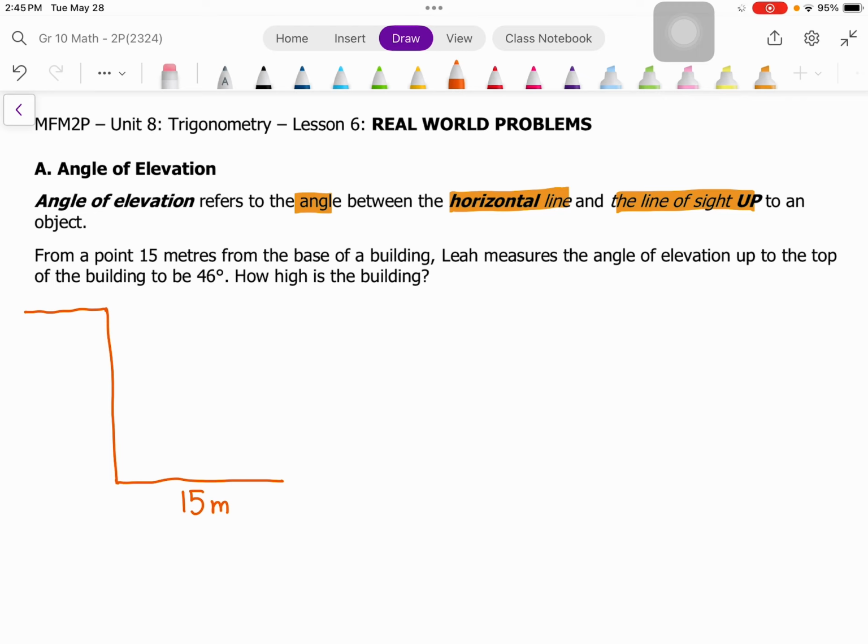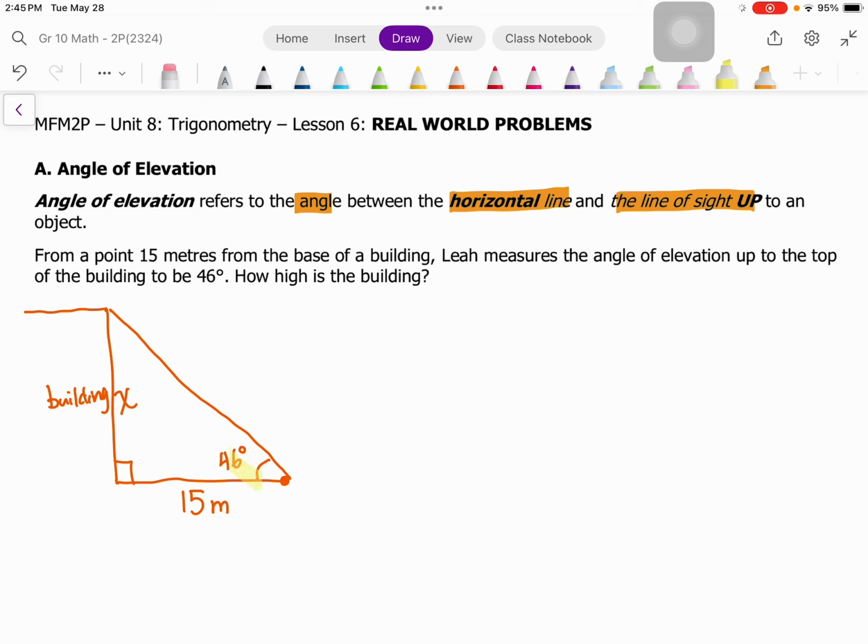So if this is our building over here, this is 15 meters away at the base, and then from here up is the 46 degrees up to the top of the building. So there we have our right angle triangle, and the question is, how high is the building? So there's our x. What is the height of the building?